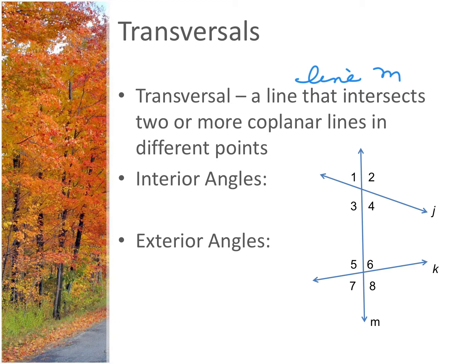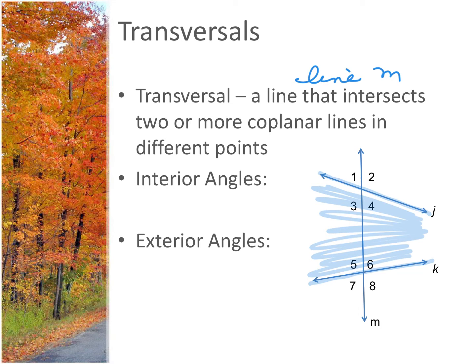Before we start to discuss those special names, we need to identify which angles in this picture are the interior angles and which ones are the exterior angles. So again, here are my 2 coplanar lines, J and K, and all of the points that are inside or in between these 2 lines are going to be everything here in blue.